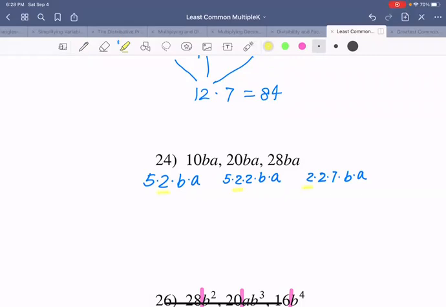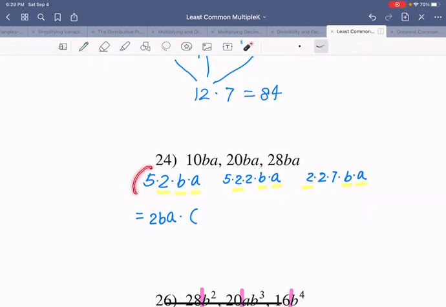B. A. And that's all the ones that we have. Yes. So we are going to put 2 and B and A times.